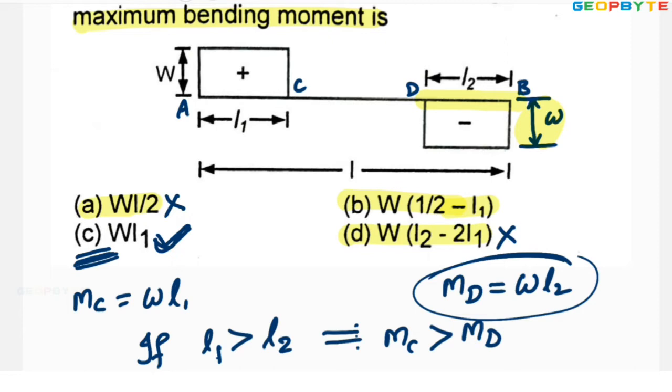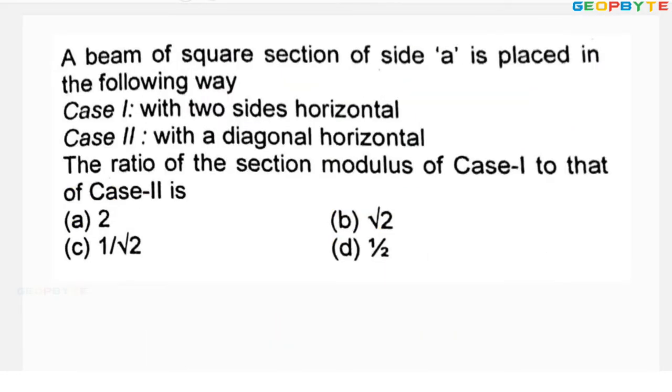Let us go for the next problem. Look at the next problem. A beam of square section of side A is placed in the following way. In case 1, with the two sides horizontal.